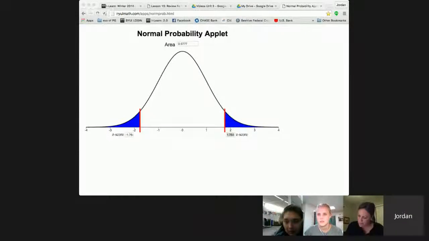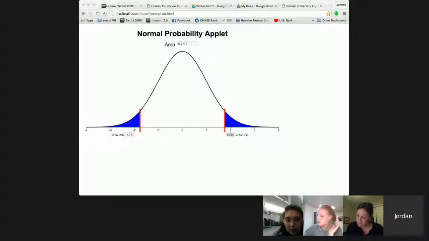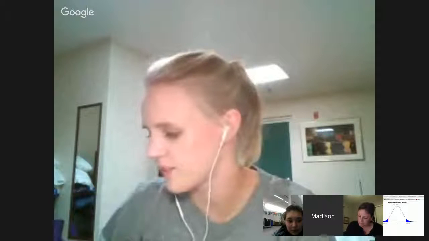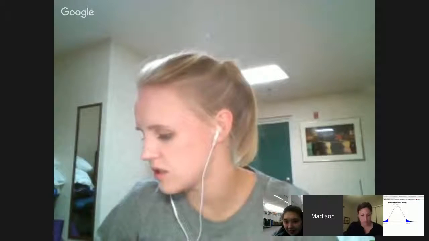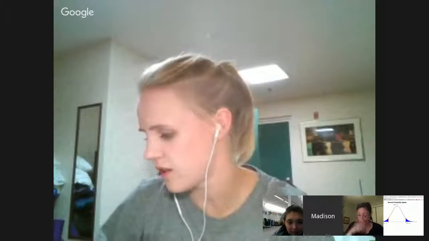I thought 1.53 was the X bar. The mean is 1.5, I thought. But we do it with a sample mean, isn't it X bar minus mu? So I think it's 1.53 minus 1.5. Yeah, that's what I think. And then it's 0.17 over the square root of 100, so divided by the square root of 100.